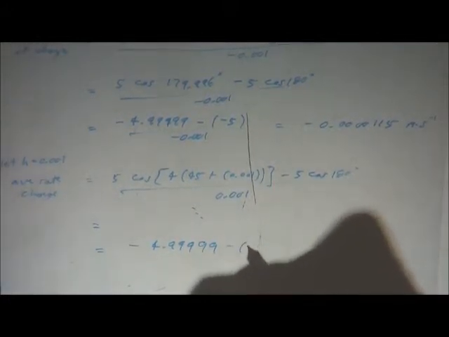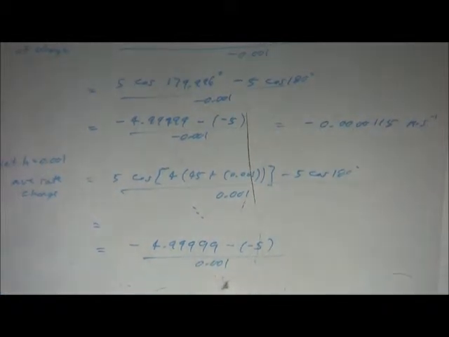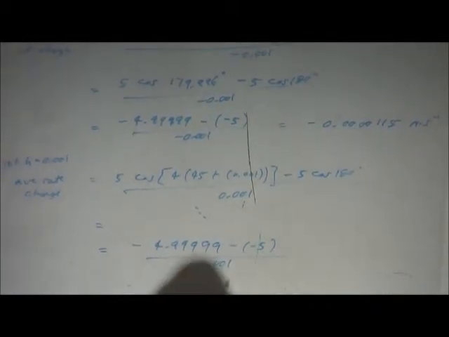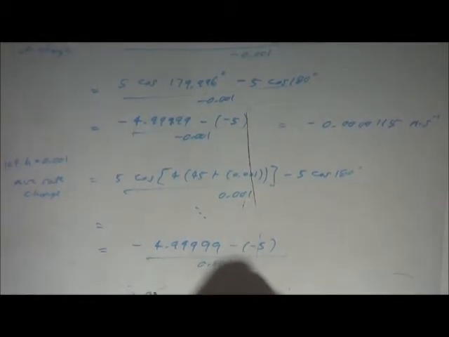And so it gives us basically the same thing because we're about the same distance away from the maximum on either side. And this time we're divided by positive, so that gives us now 0.000115 meters per second.